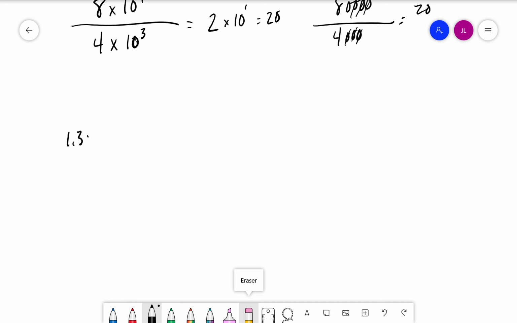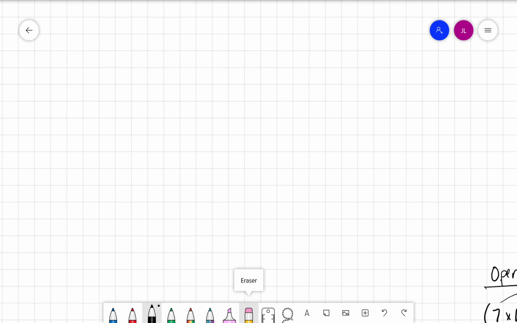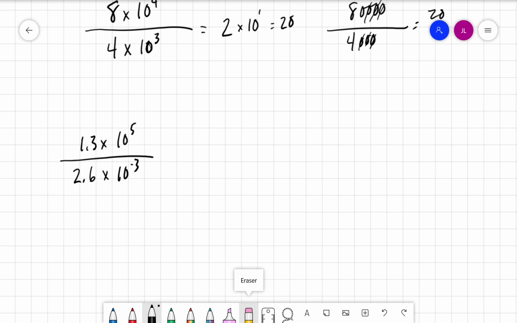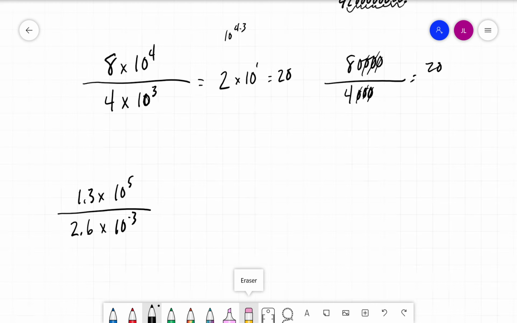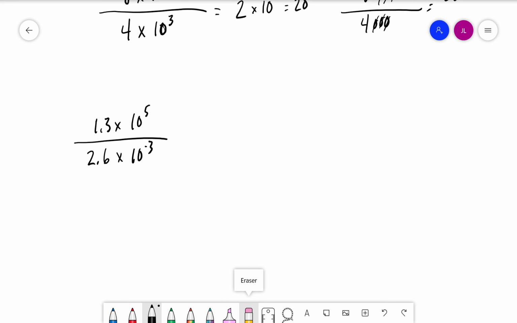Let's say 1.3 times 10 to the fifth over 2.6 times 10 to the negative third. So if we look in this case, what we're going to see here is 1.3 times 10 to the fifth.